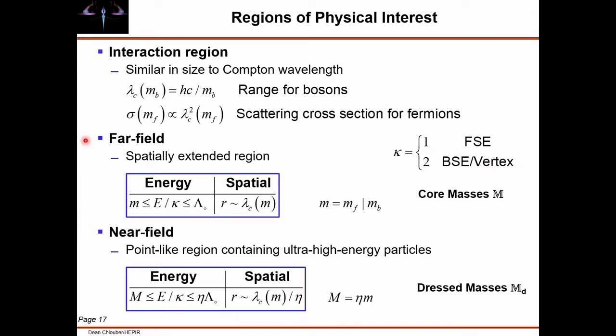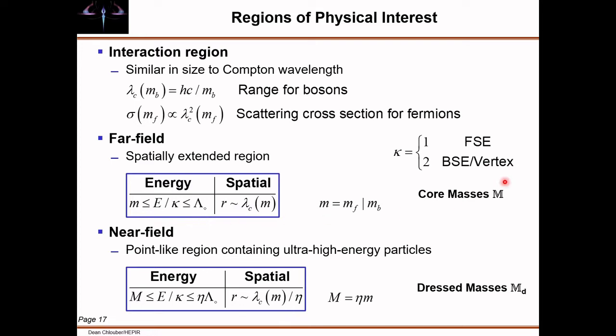First, we have the far field, which is a spatially extended region with a radius comparable to the Compton wavelength, lambda sub c of m, where m can be either a fermion or a boson. Now for FSE processes in QED, the factor kappa here is just 1, and the energy ranges from the physical mass m up to our cutoff lambda sub naught.